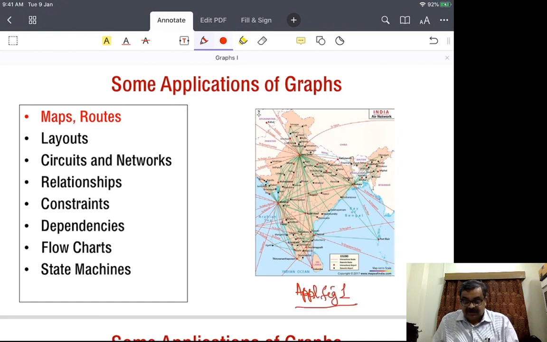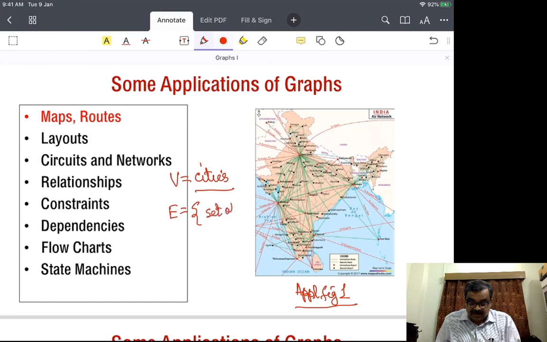This application figure 1 is a map between cities. So the nodes of this graph are cities. So V is equal to the set of cities. On the other hand, E is equal to the set of direct flights between cities.